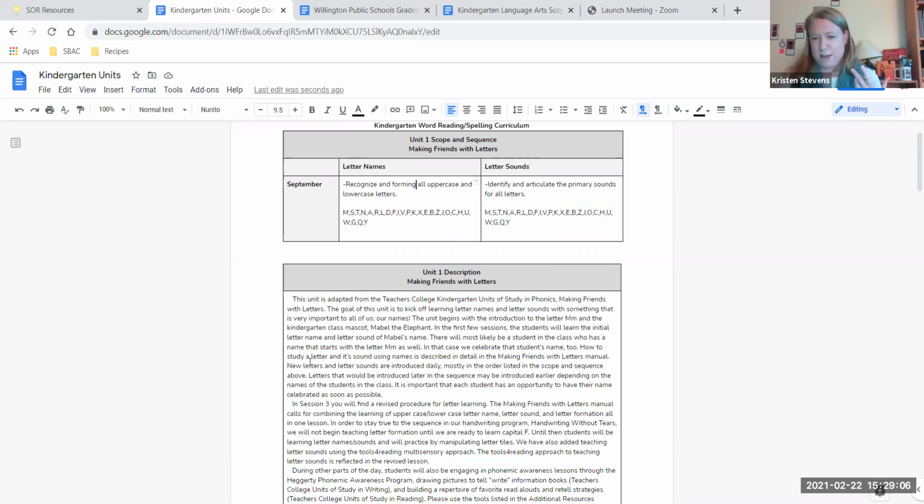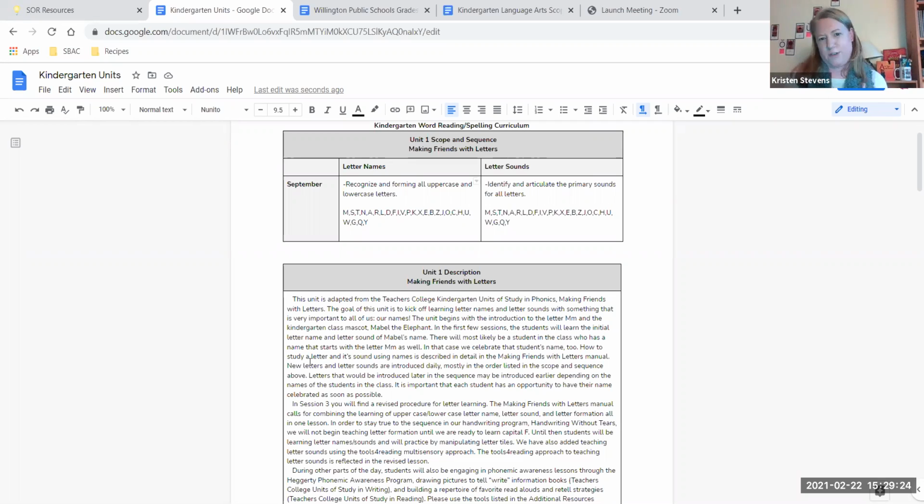And then there's a mascot named Mabel, who becomes their mascot for the entire year. So you first start with the letter M for Mabel, and then if there's kids with a letter M in your class, you start with them, and you go through all the different names of the kids in your class. And that's how you're learning.